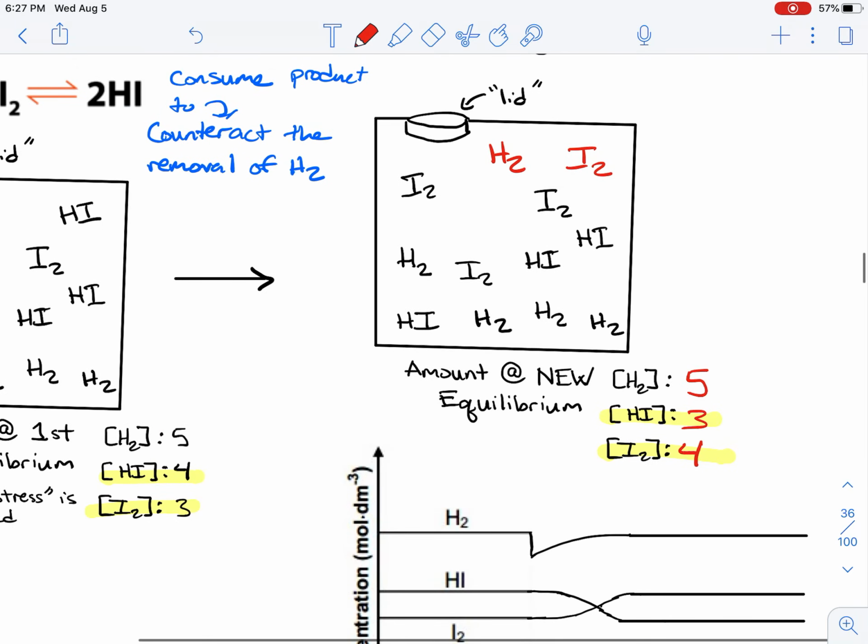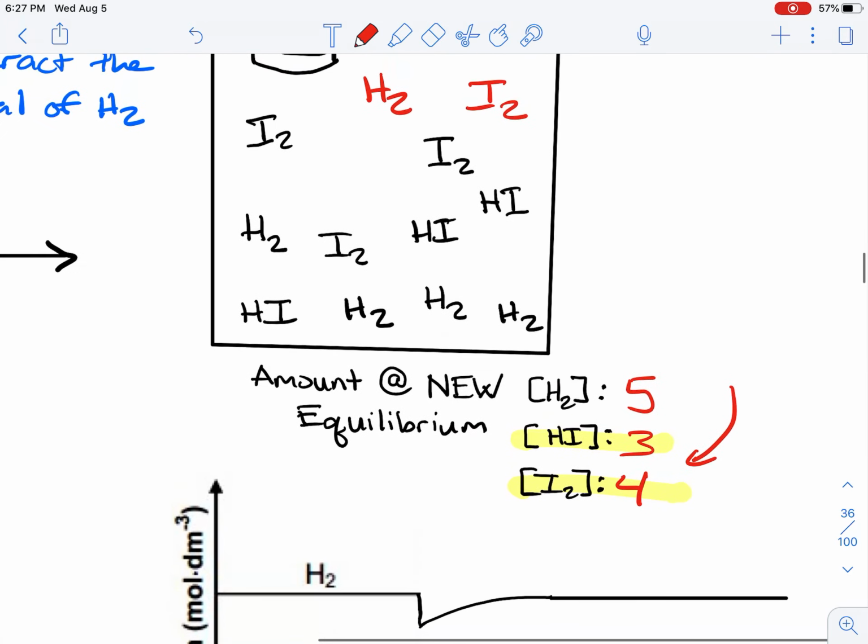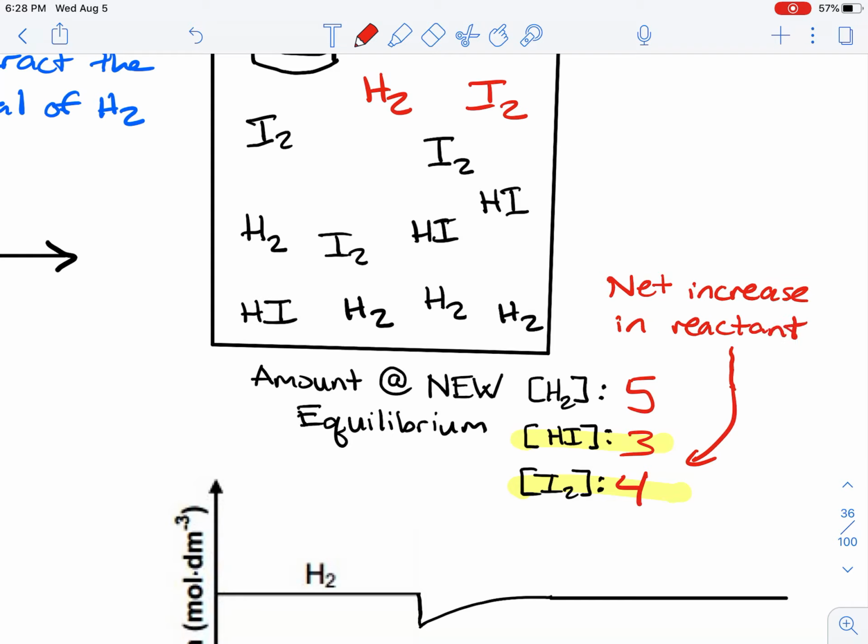And so overall, there's going to be a net increase in reactant and a net decrease in product.